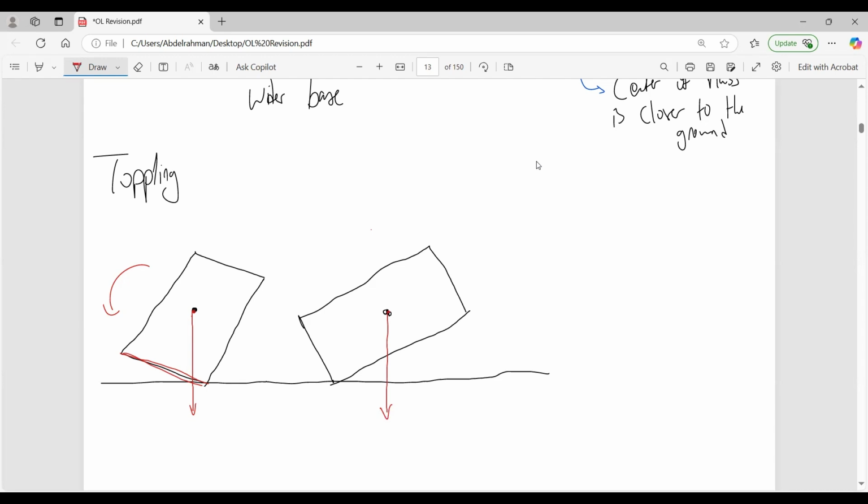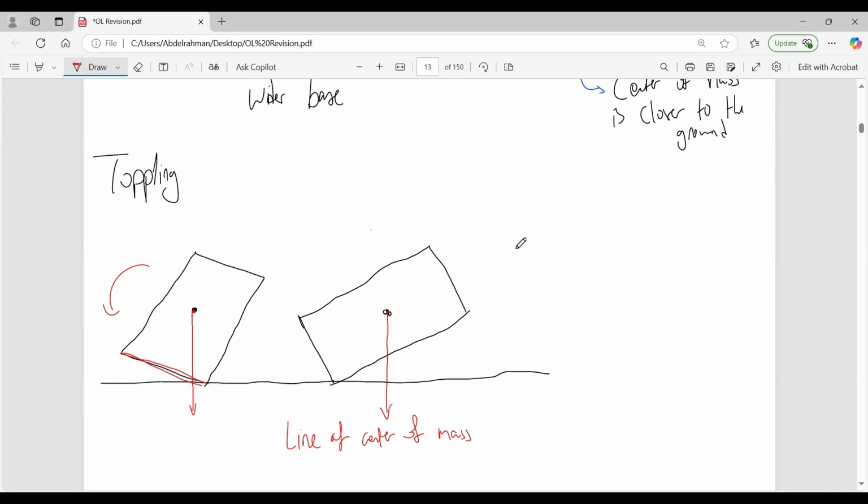Let me write it down. If the line of center of mass crosses the base to another base, meaning the line of center of mass is on the other base, what happens is that it topples over to the side. So this will topple over to the right hand side.